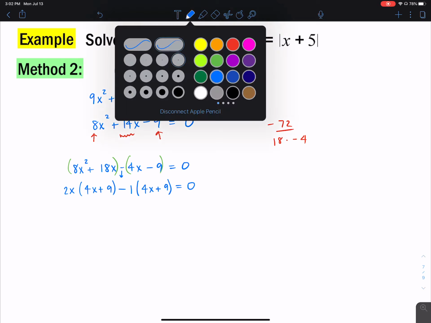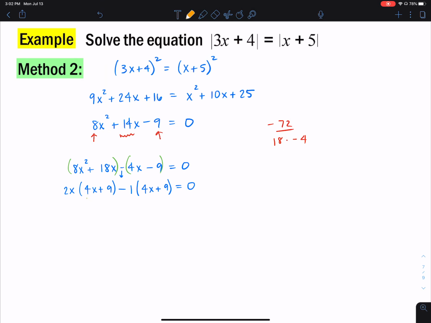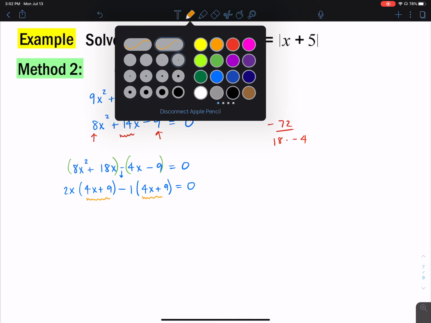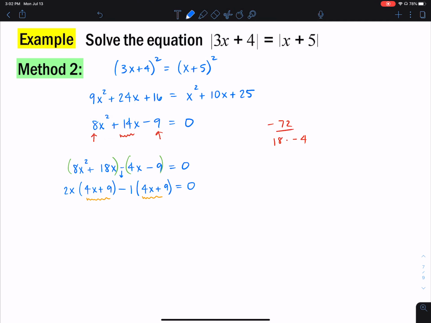Now notice when we do this method, our leftovers here are always going to be the same. It's our common factor. So we're still factoring out that greatest common factor. To finish this off, we take both of the values that we took out, which are the 2x and the -1. They come together in a factor, and then we write that common factor, 4x plus 9. So that is the factorization from this step right down here.